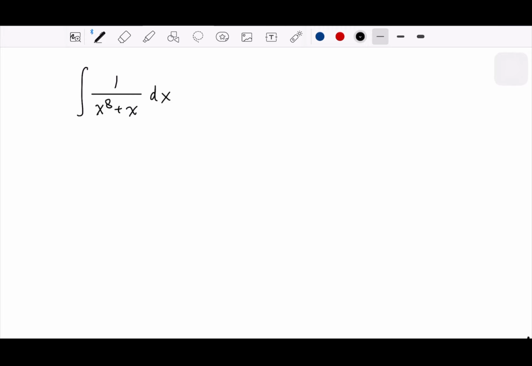You can check using the website, at least to confirm the final answer. It's using substitution, but the way you substitute is a little bit different than we have done before.